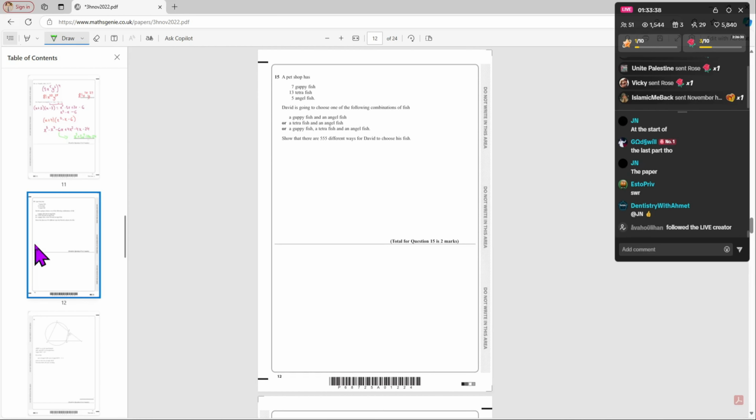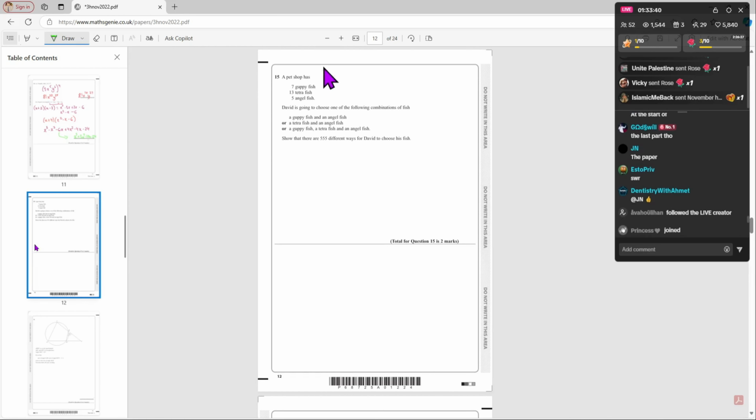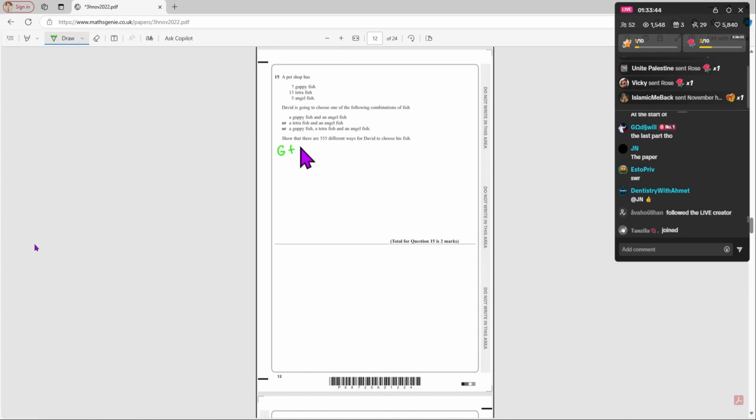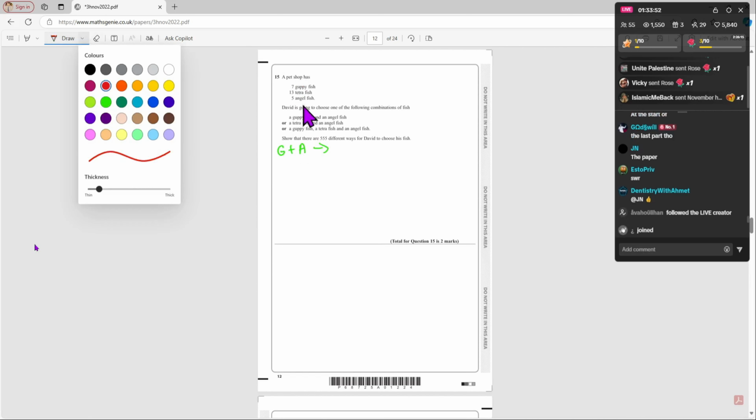So the first thing you have to do is work out the possibilities of getting a guppy fish and an angel fish. To get a guppy fish, I think that's a tongue twister, bro. So anyway, to get this G and A, it's going to be the guppy fish and the angel fish.